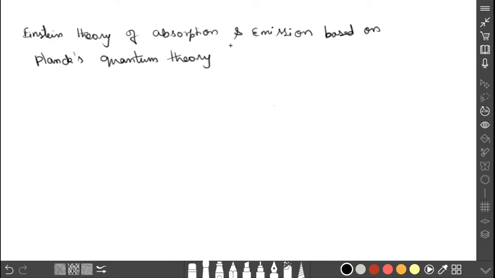Okay, so based on that only we are going to calculate the coefficients. And moreover, this is the main point we have to remember: this theory is based on Planck's quantum theory of radiation.